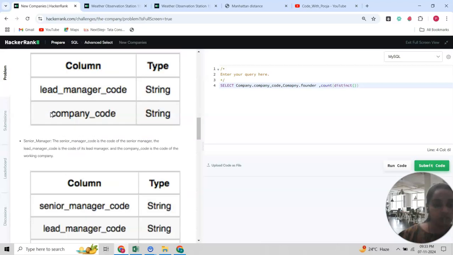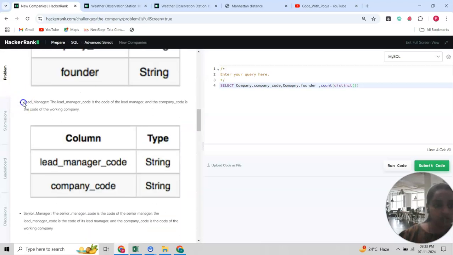For the lead manager I will refer to the lead manager table and directly count the number of codes. So lead manager dot lead manager code. This is the lead manager code they are asking for.